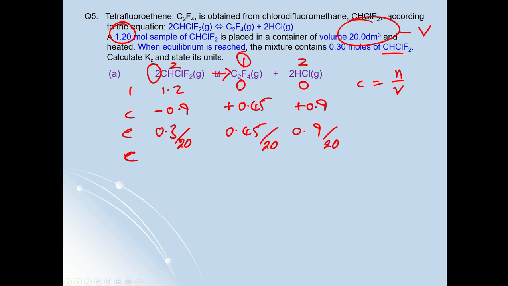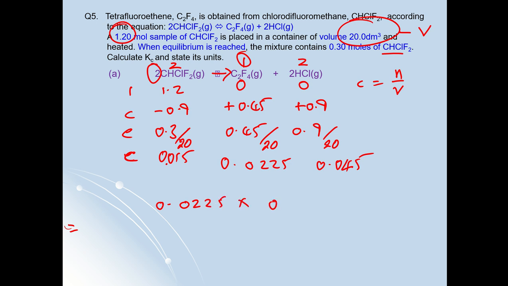Okay, so 0.3 divided by 20 is 0.015, 0.45 divided by 20, 0.0225, and 0.9 divided by 20 gives me 0.045.